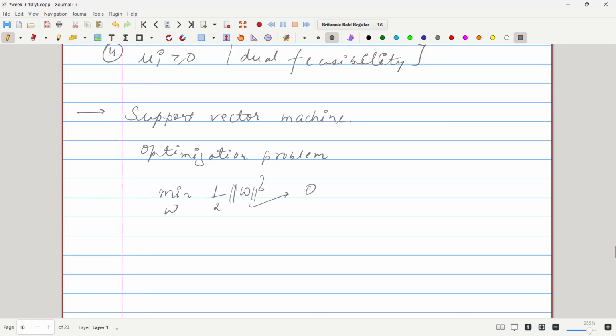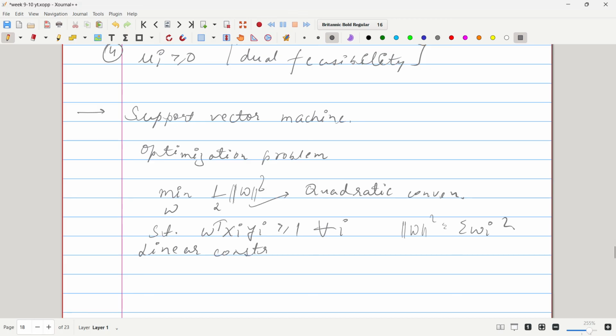This is nothing but a quadratic convex problem. And you have to minimize w such that yi times w transpose xi is greater than or equal to 1 for all i. And the norm of w is nothing but the summation of wi whole square. This is used for linear constraints, convex. Okay.